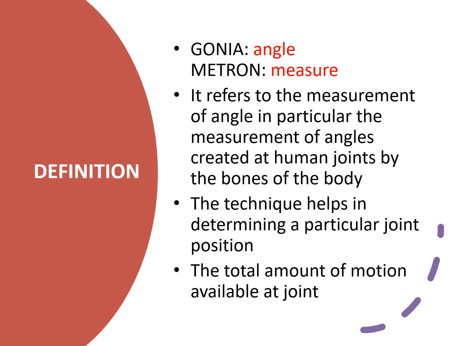This technique helps in determining a particular joint position, and it tells you the total amount of motion available at the joint. In a normal person, the range of motion for shoulder abduction is 180 degrees and shoulder flexion is 180 degrees.